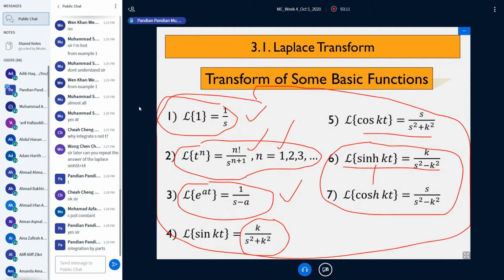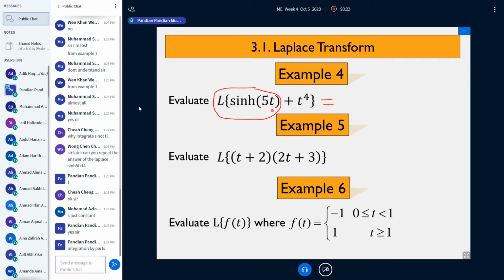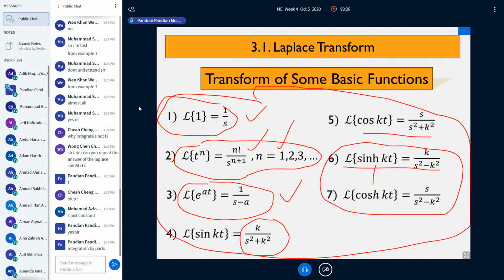So Wang Chen asks, sir, later can you repeat the answer of the Laplace of sinh 5t plus t power 4? Yes. That is the exercise, so I want to explain this. Laplace of sinh 5t plus Laplace of t power 4. Now you see this, you go back to the table. Without this you cannot do it.